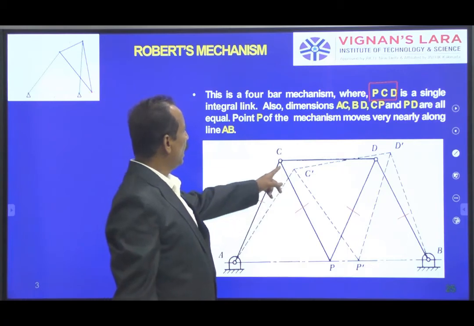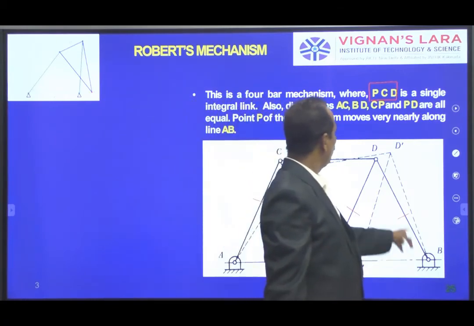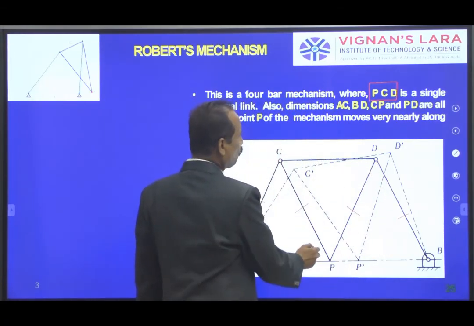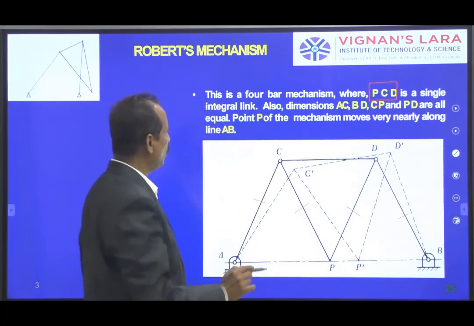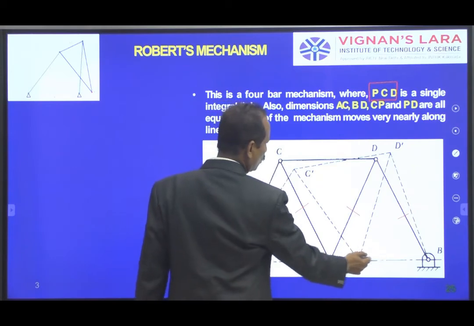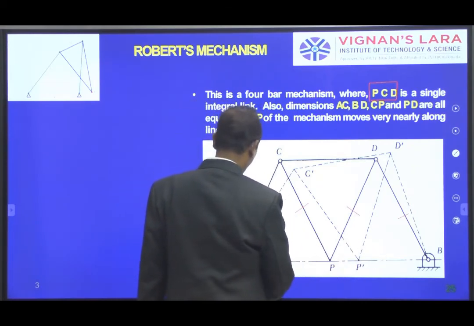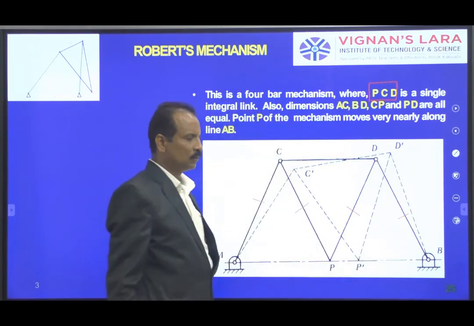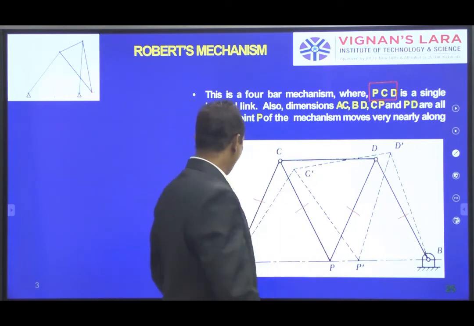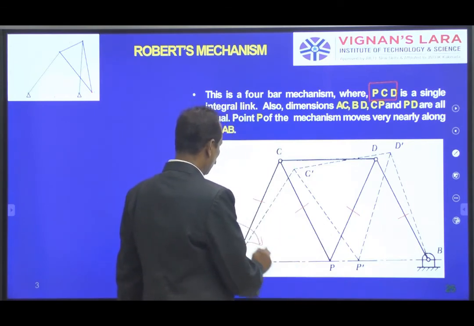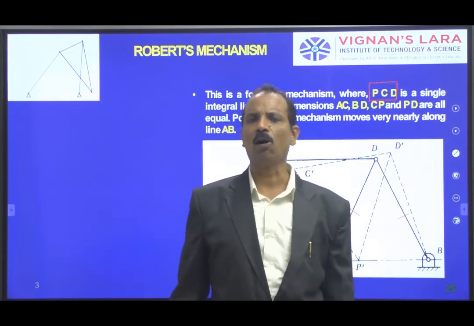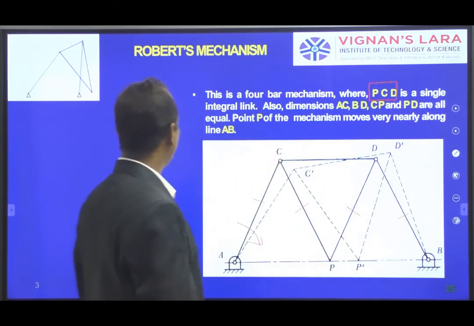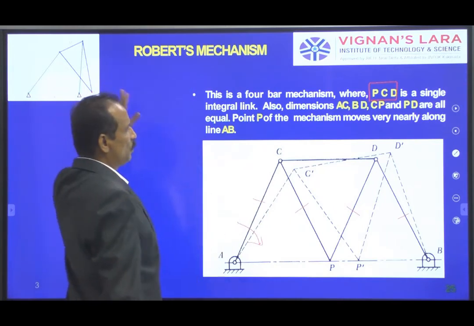So AC, BD, CP, PD, they are all equal. Then the point P on this mechanism moves very nearly along the line AB. So for small angular movements of the input link AC, the path traced by P is a horizontal line. So this is the last mechanism called the Roberts mechanism.